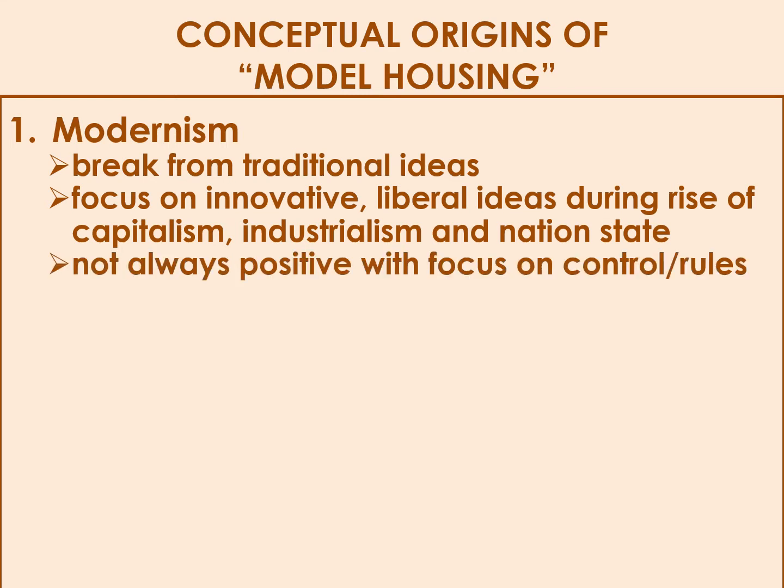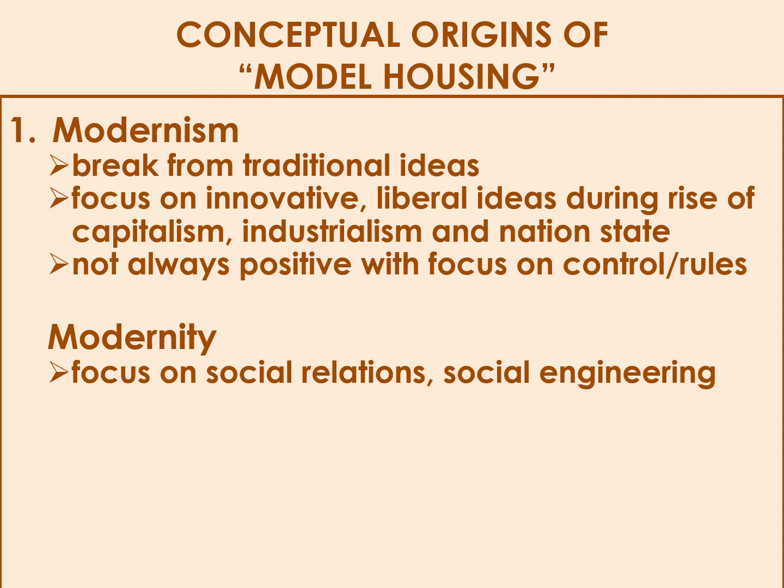The consequences were not always positive and often detrimental to humankind, due to the focus on progress for the sake of progress, structure, and rules. Modernity refers more specifically to the social relations resulting from the rise of industrialization and capitalism and an increase in formal social organization and the segmentation of the population, the so-called social engineering.